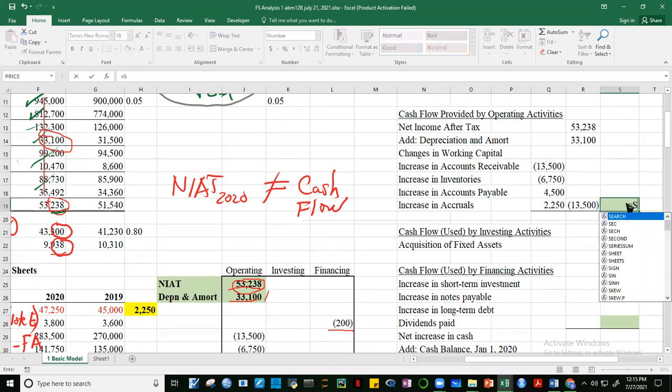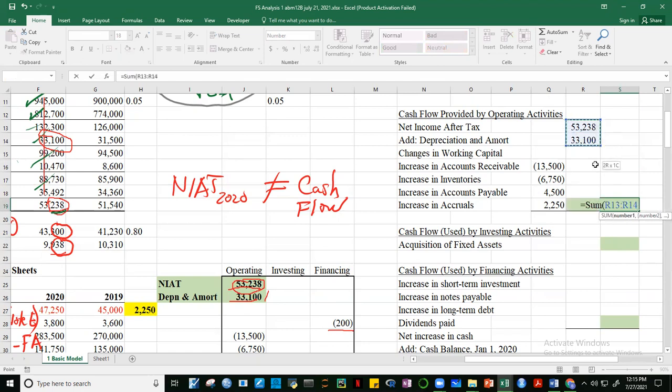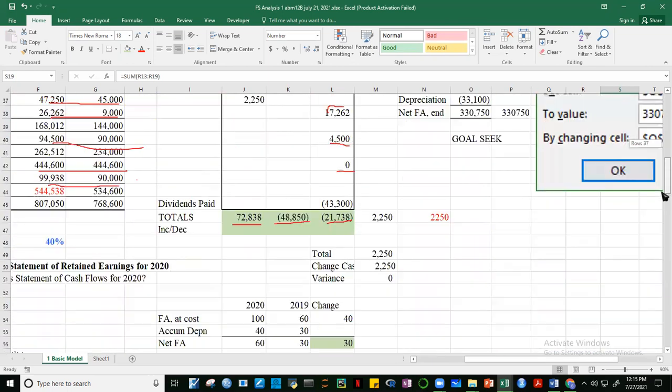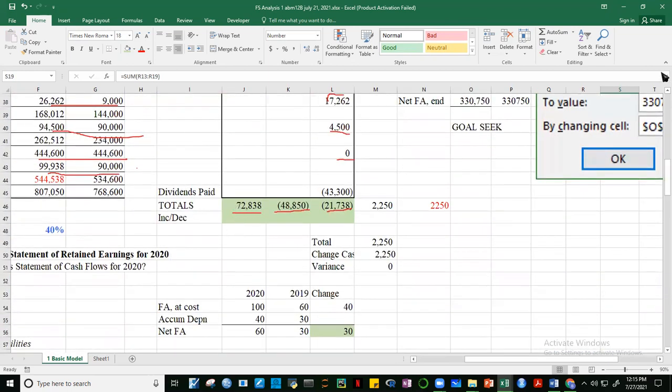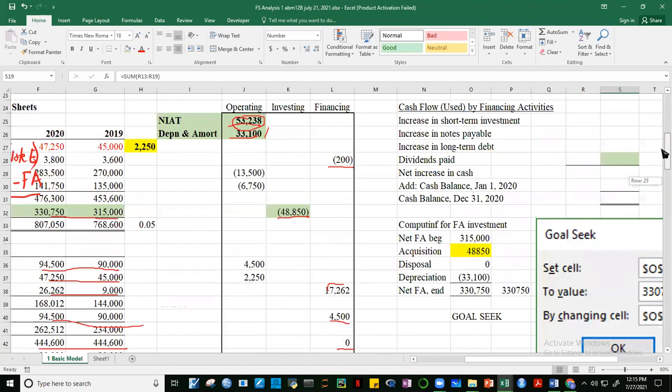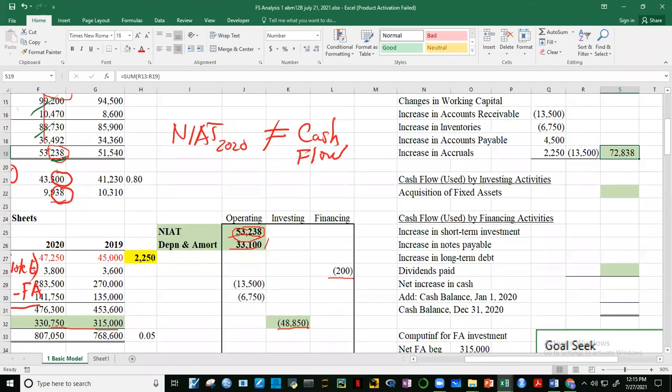Is equal to sum. Sum yung net income, depreciation, at saka yung total dun sa changes in working capital. Okay, 72,838. Does that check, guys? Does that equal our 72,838? Pareho, no? So dapat pareho yan, guys. They should be equal. Okay, pause sandali. Any questions so far? Okay, thank you. Thank you, Mika.